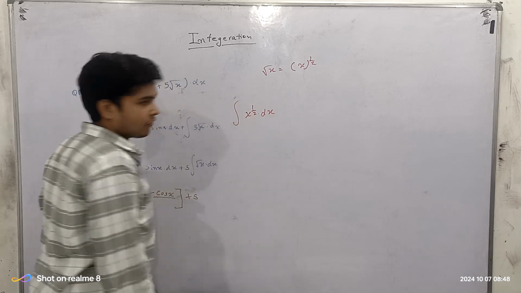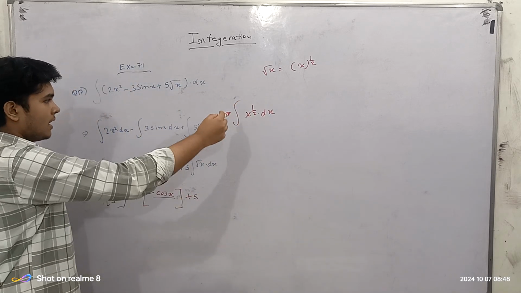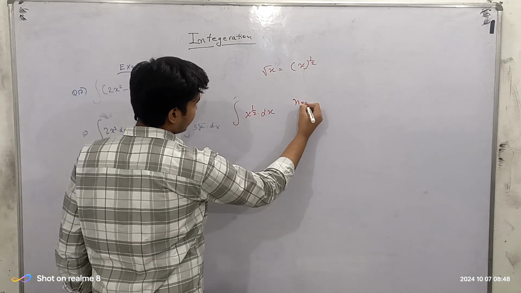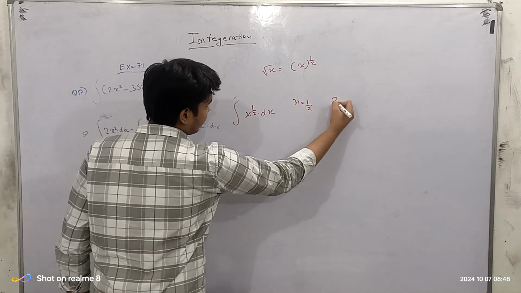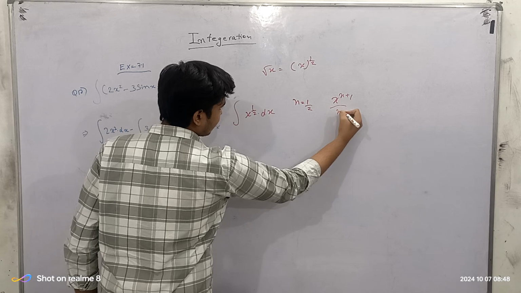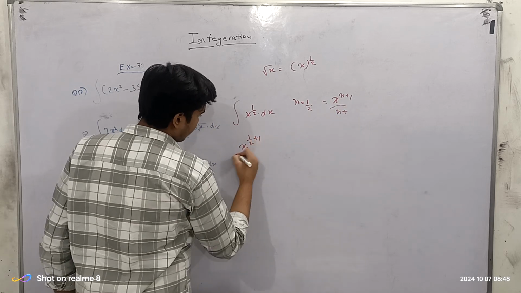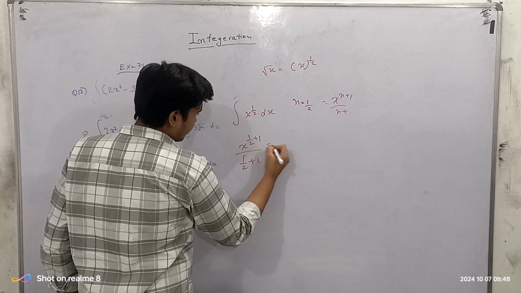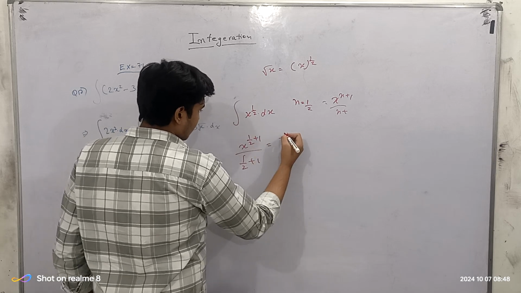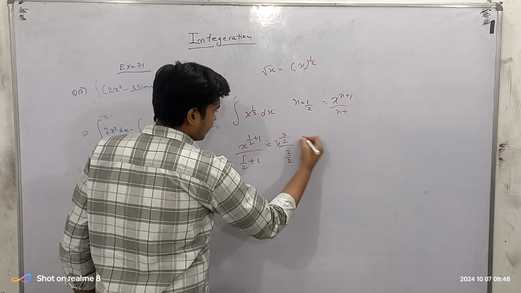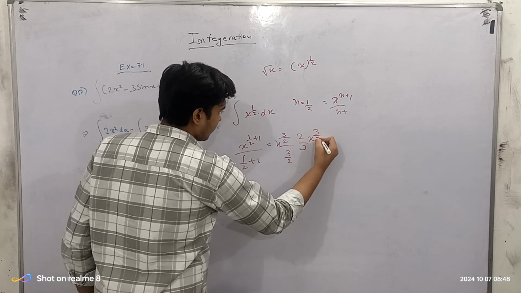What will be the answer? From the general formula we know that the exponent plus 1, and the denominator also exponent plus 1. Here the value of n is 1 by 2. From the general formula, x to the power n plus 1 by n plus 1 is the answer. So here it will be 1 by 2 plus 1 in the exponent and 1 by 2 plus 1 in the denominator, which is 3 by 2. So after integrating x to the power 1 by 2, we get x to the power 3 by 2 in the numerator and 3 by 2 in the denominator, which is written as 2 by 3 x to the power 3 by 2.